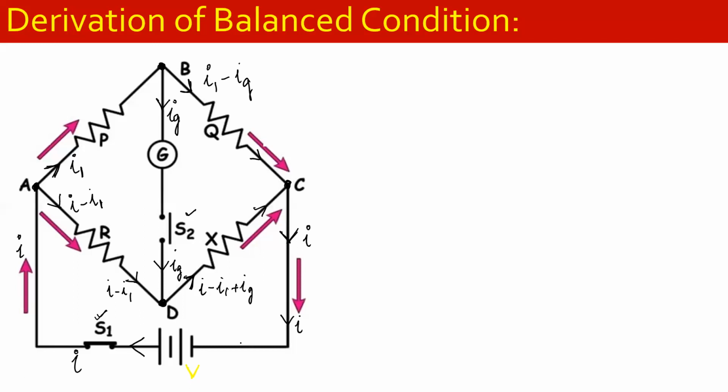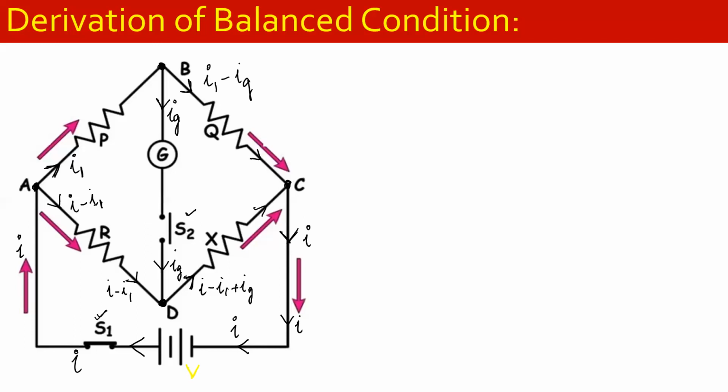This shows the current drawn from the battery was I, and the current received after flowing through the whole circuit is I. That means the distribution of current is exact and correct.